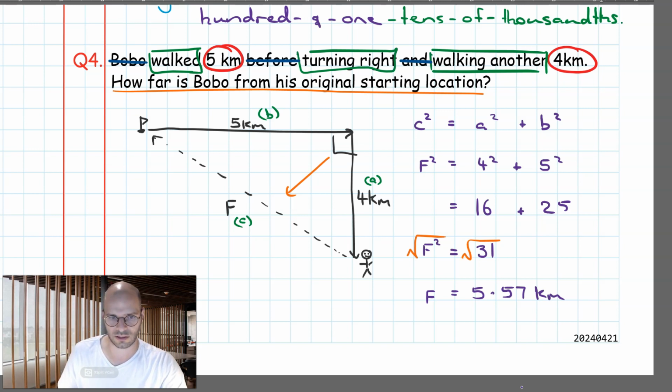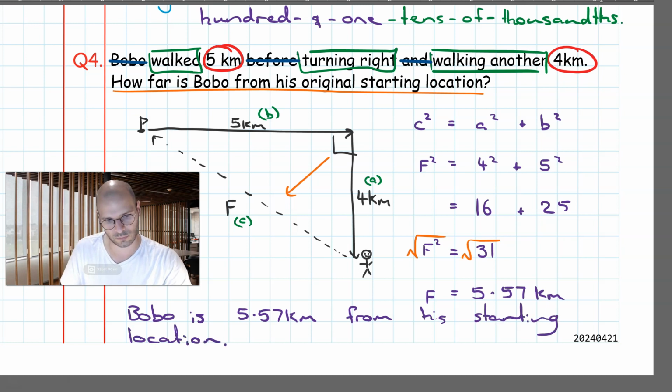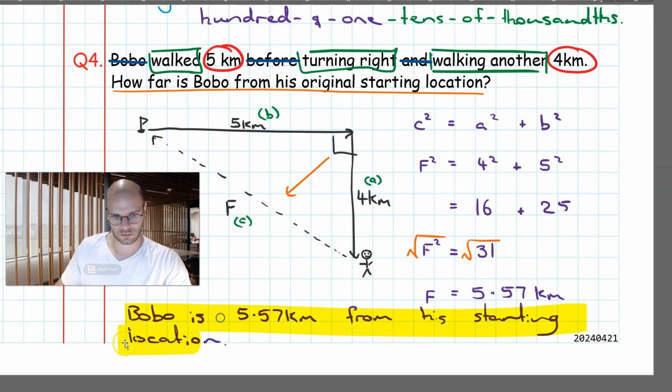And there's our answer. We say Bobo is that far from his starting location. So this is our answer. So to summarize what's happened here, we've had a worded question. We analyze it using the CUBES framework.